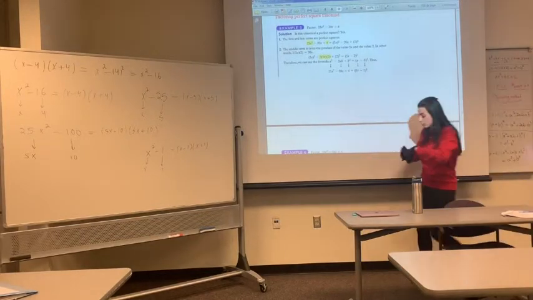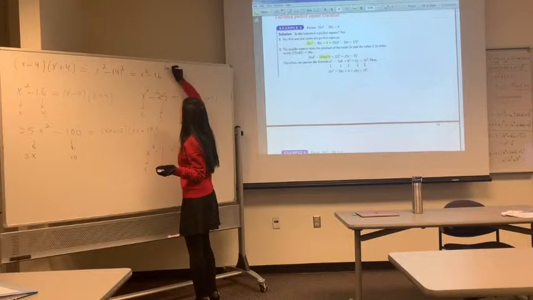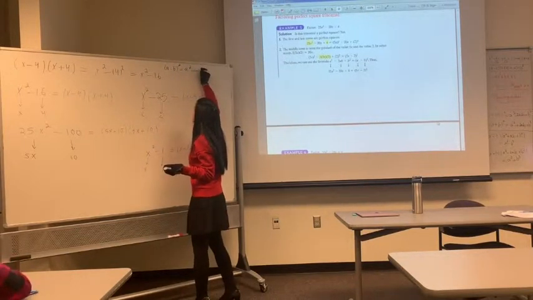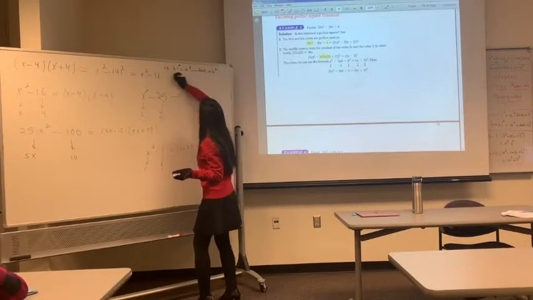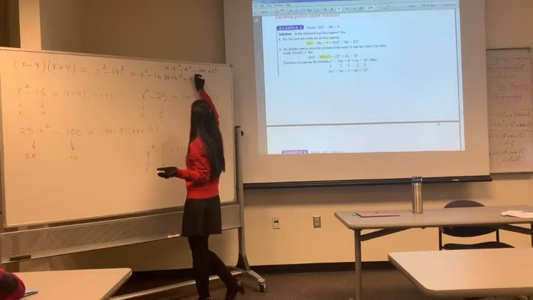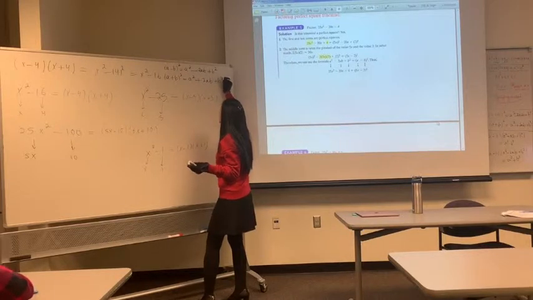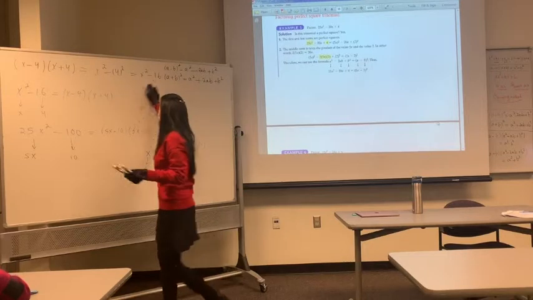So we'll write it down. We have a minus b power 2, a squared minus 2ab plus b squared. So we are going to use this, go from the right side to the left side.